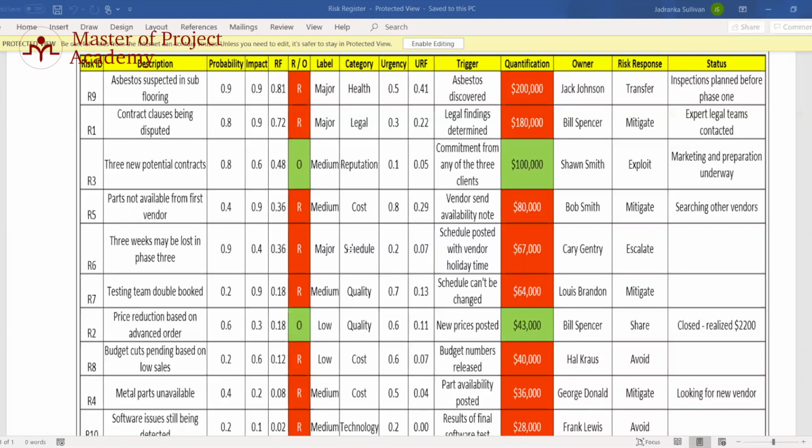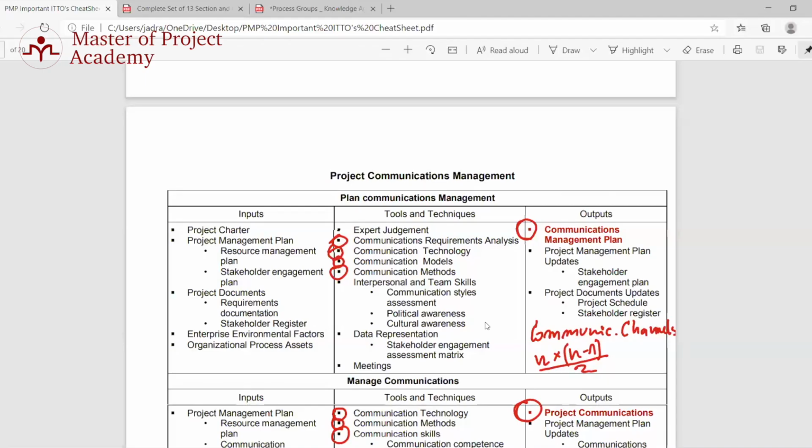Let me open that ITTO document. Let me look at the document. Yeah, here it is. So maybe we need to change the plan.